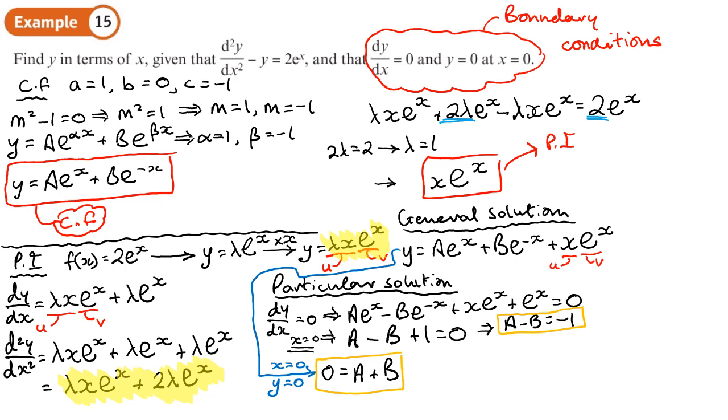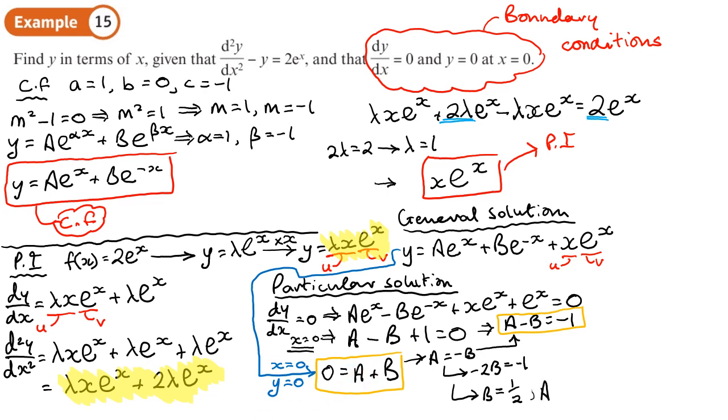Okay, so it's just about solving simultaneously. So for example, I could say here that a equals negative b. I could then substitute that into this equation here to give me negative 2b equals negative 1. That will give me b equals a half, and then going back to this equation, it means that a equals negative a half.